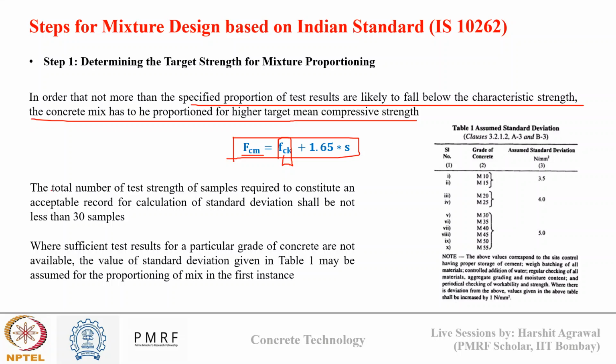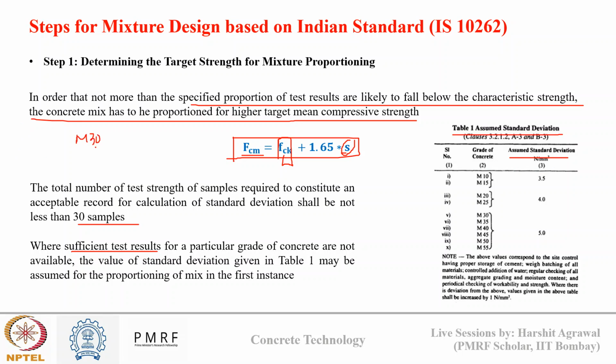Now, the total number of test samples required to calculate the standard deviation should not be less than 30 samples. However, when sufficient test results are not available to calculate the standard deviation, we have table 1 in IS 10262, from where we can assume the value of standard deviation. So suppose you are on a site and you want to prepare an M30 grade concrete.